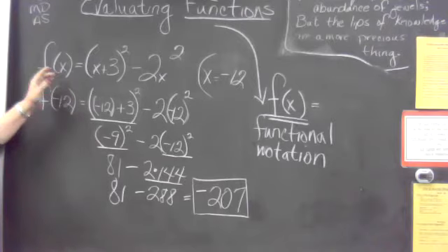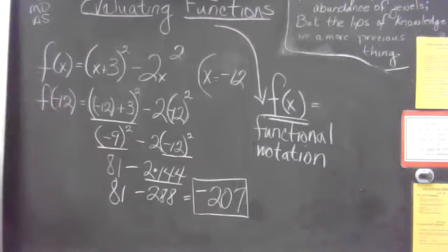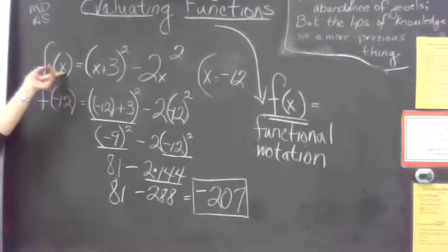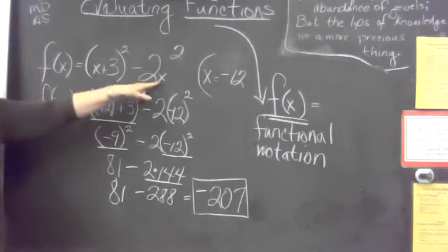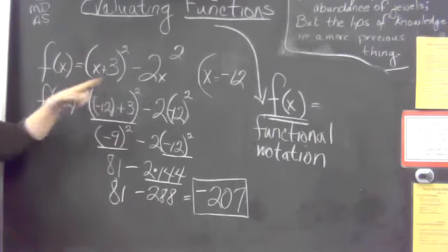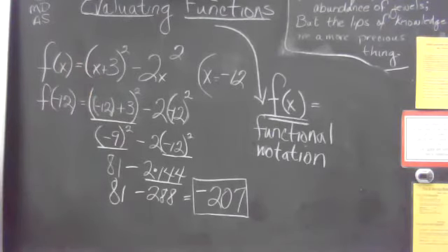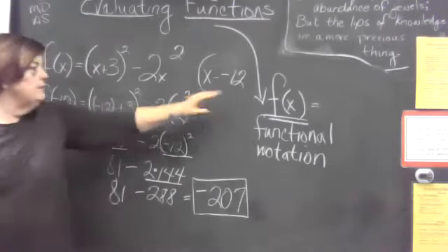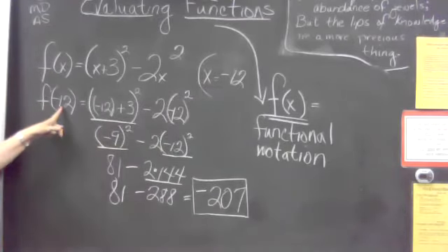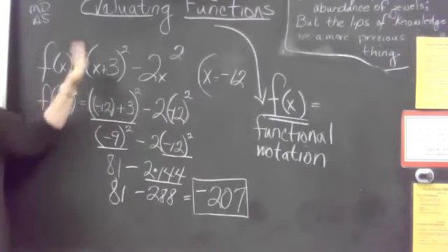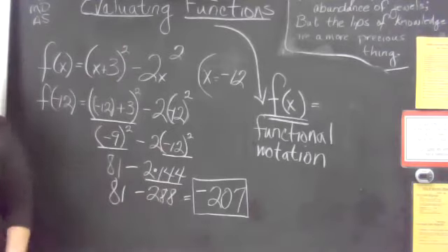They will give you a function. They will give it a name. A lot of times they use F, but that doesn't mean F for function. It just means that's the name of the rule. This tells you what the variable is in that function, and then it tells you what to plug in. So if I plugged in a -12 into this rule, I get -207.